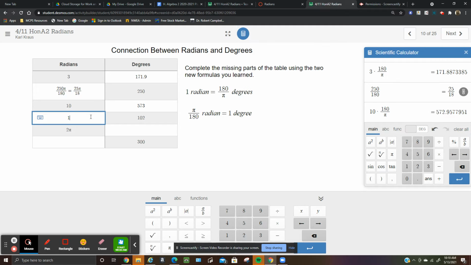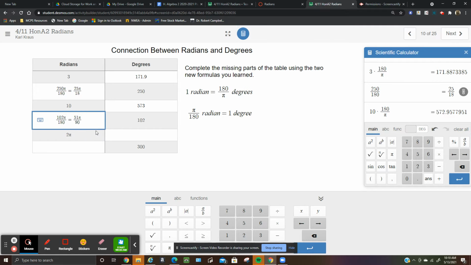And this one, 102 pi divided by 180. So you have to find what's the largest number that divides both 180 and 102. 2 divides both of those, so 51 pi over 90.